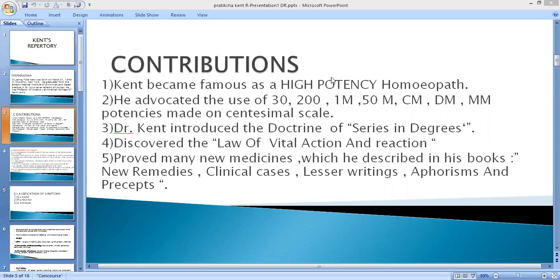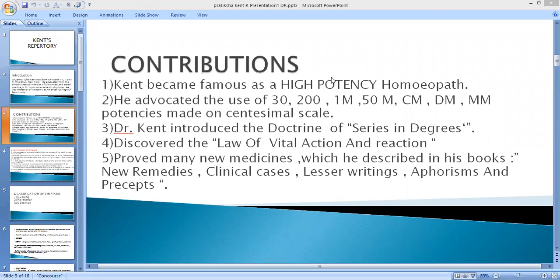Then the revised version of Kent was published in May 1974. When Dr. Pierre Schmidt went through the sixth edition, he found many mistakes. He went through that edition word by word, and he detected many mistakes in it, in the form of omissions, in the grading of medicines, and in the arrangement of rubrics in both the Indian and American editions, and so he corrected those mistakes or lacunae.